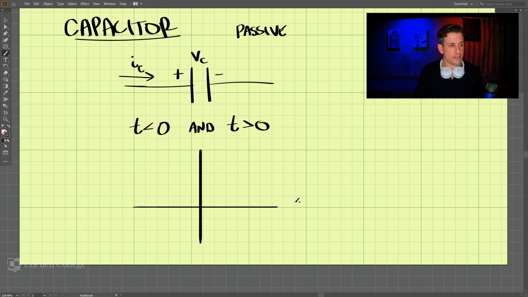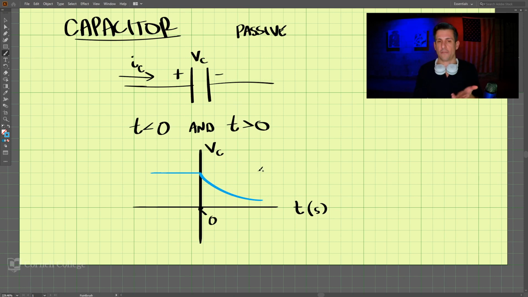This is time in seconds, and this can be our voltage across the capacitor. Now, this point here is t equal to 0. And if we graph this, it may look something like this. We may get a straight line here, and it comes down like this after we turn it on.